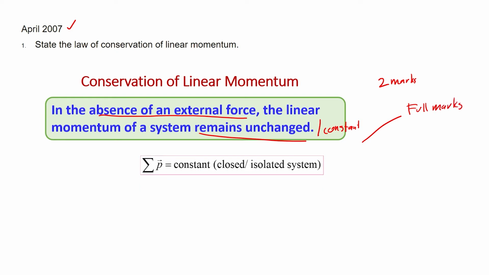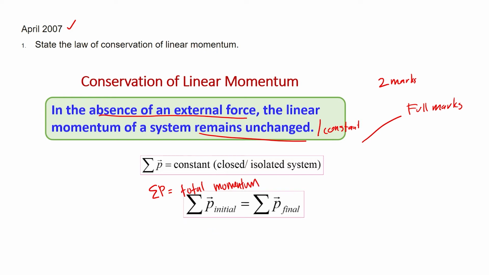You also can state the momentum is constant in a closed system, also correct. And then you have to mention the total momentum initial equals the total momentum after.